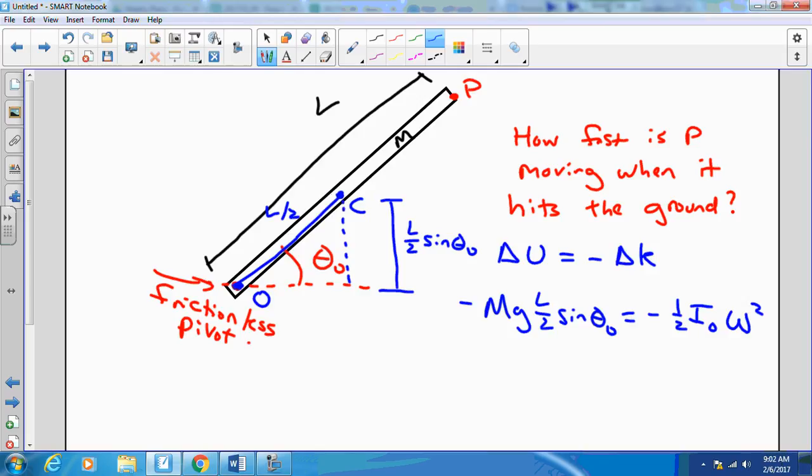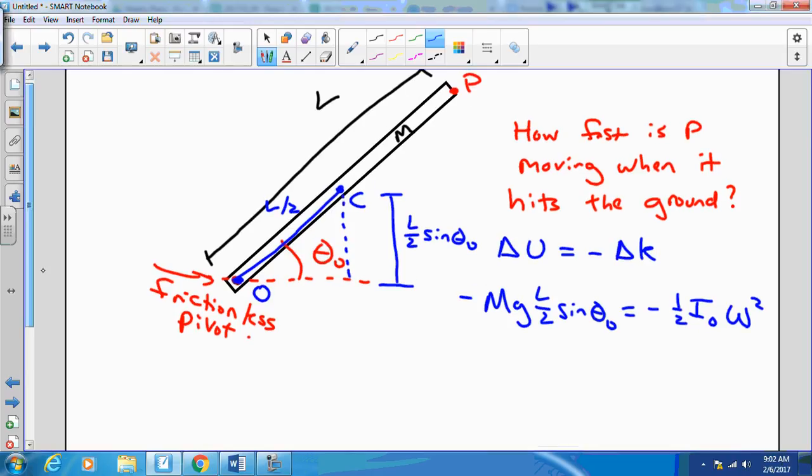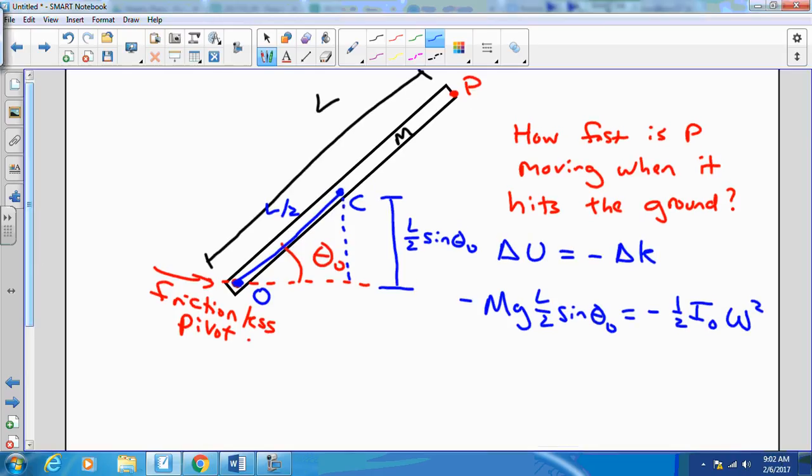Because I can now express this in terms of 1/2 I about O omega squared. This is relatively easy because this is a long thin rod. The moment of inertia about the end is 1/3 mL squared.